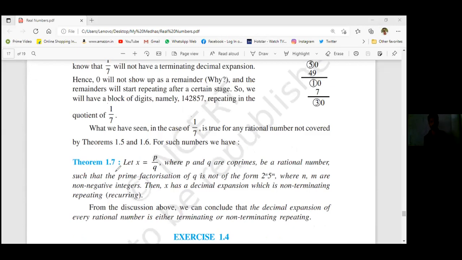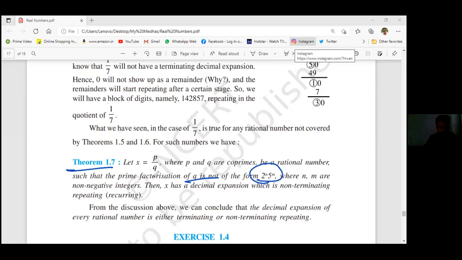So theorem number 1.7. Here we are considering x is equal to p by q, where p and q are two co-primes. Then it is a rational number such that the prime factorization of q is not of the form 2 to the power n into 5 to the power m.